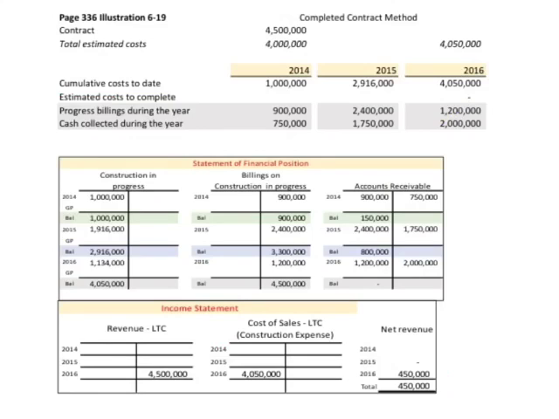For our illustration, we're going to look at the same numbers that we used in the previous example. We have a contract for $4,500,000, and of course, in planning this, they probably still estimated the total cost to complete, but it's irrelevant for our purposes.